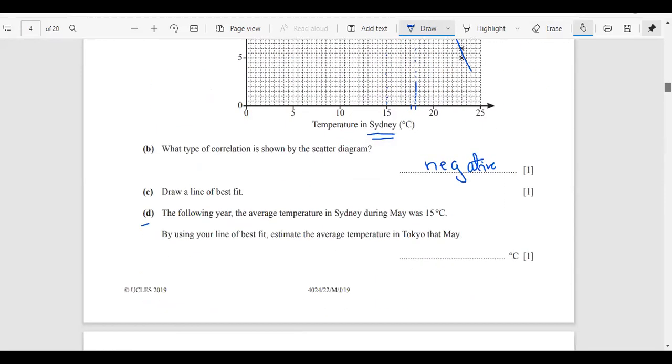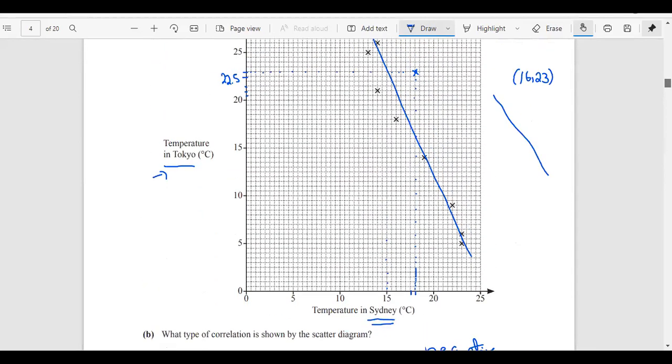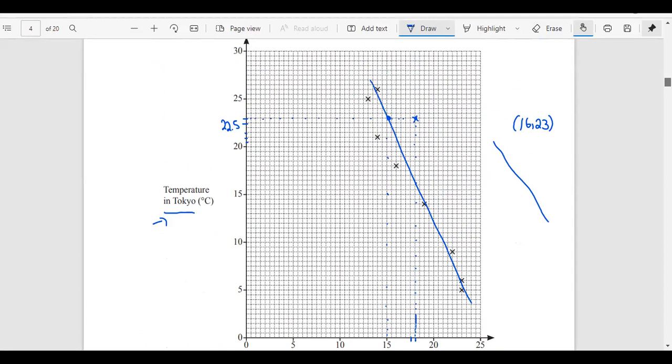But yeah, anyways, 15 degrees for Sydney. So I am going to follow this, okay? And then I will just look and find the value against this x coordinate that was 15. It is going to be somewhere here.